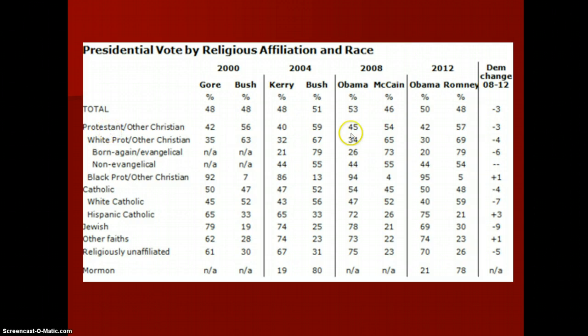So if you look over in this far right column in 2012, in a lot of instances, Obama overall took the more religious vote, but that's typically because of some really heavy favors of, for instance, the Jewish community favored Obama, the Hispanic Catholic community favored Obama, the Black Protestant community heavily favored Obama, but typically you see more religious groups aligning with conservative votes due to social issues. A couple exceptions, like we said, would be the Jewish community, and the Catholic community is traditionally more often voting Democratic.